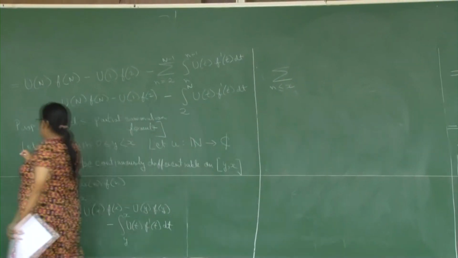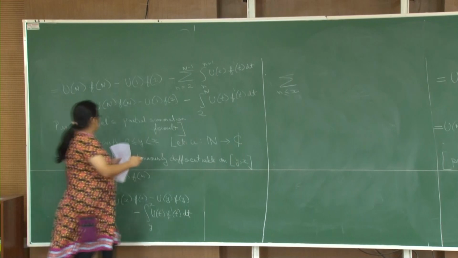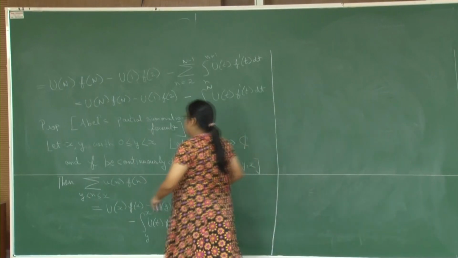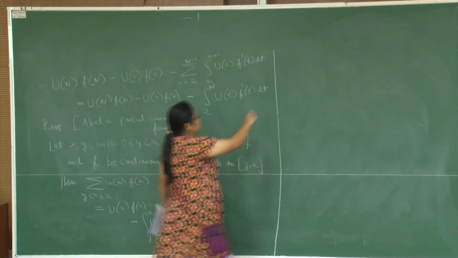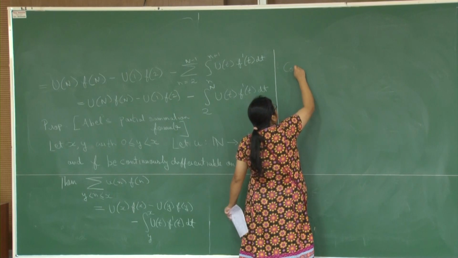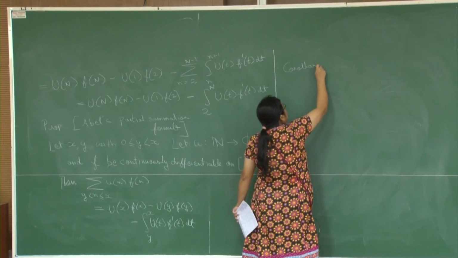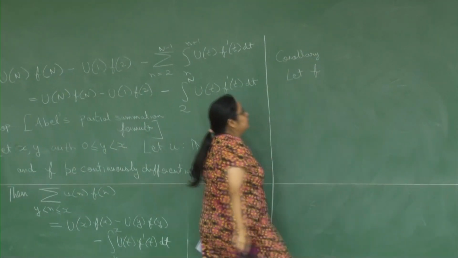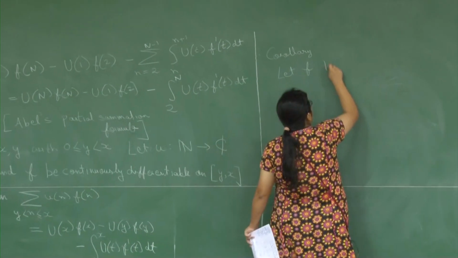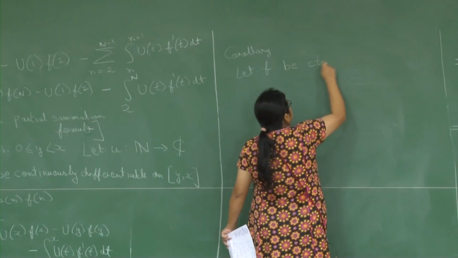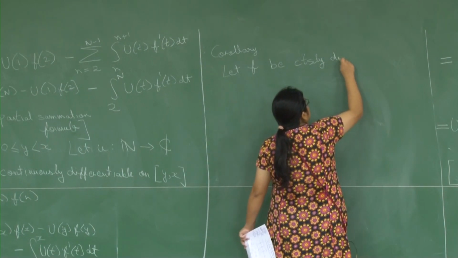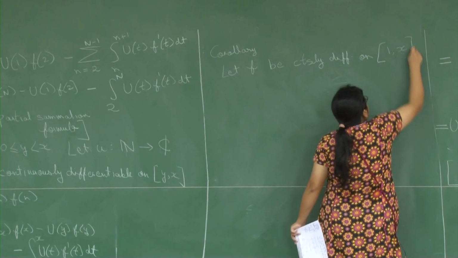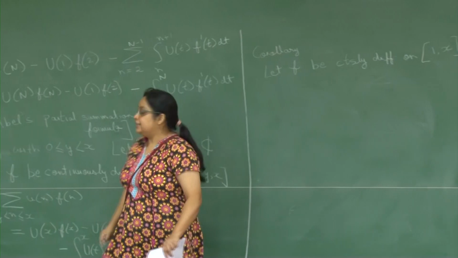So, this is your general partial summation formula, and as a corollary to this, suppose you have a function f be continuously differentiable on the interval 1 to x. So, basically I am just taking little y equal to 1.